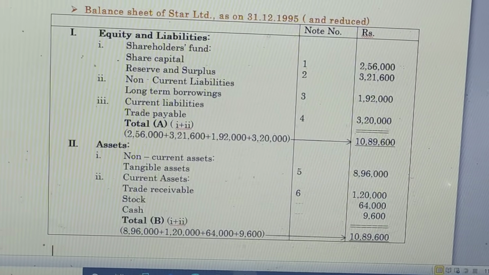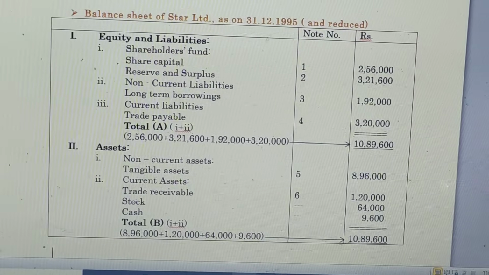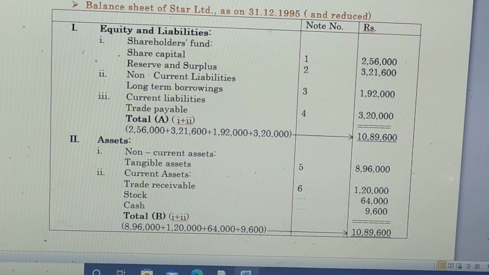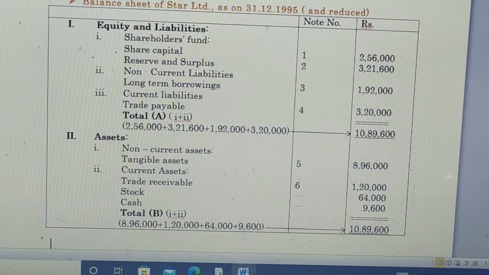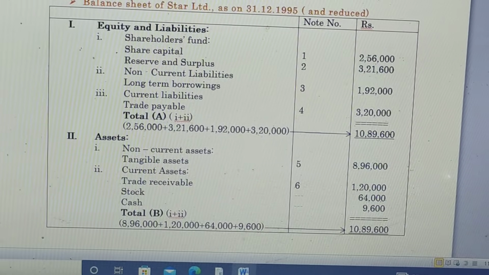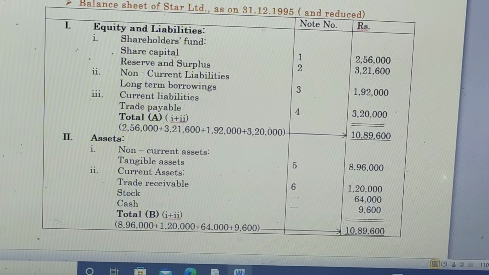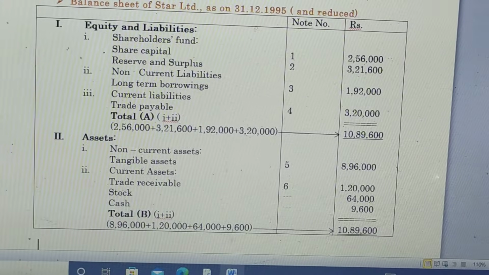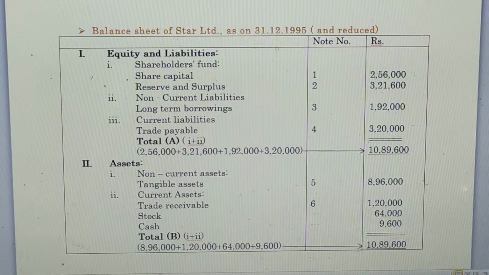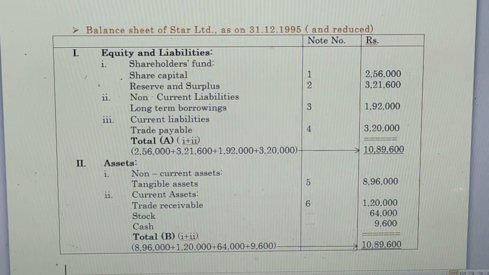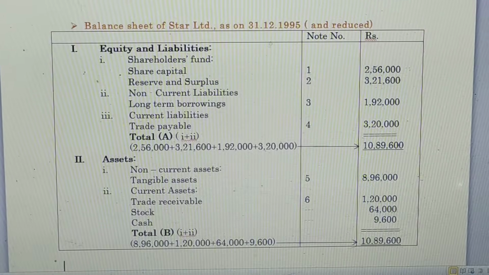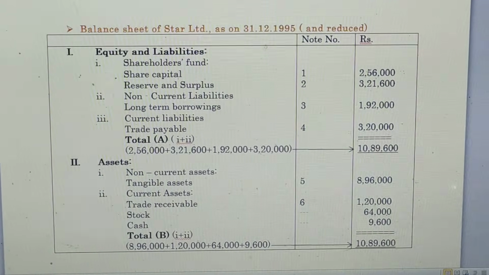Note number 2 total is 3,21,600, and we have to mention the non-current liabilities in the particulars column. So under the non-current liabilities, we have to mention long-term borrowings, that is note number 3 heading, and number 3 will be mentioned in the note number column. Note number 3 total is 1,92,000. And we have to mention the current liabilities in the particulars column. Under the current liabilities, we have to mention the trade payable, that is note number 4 heading, and number 4 will be mentioned in the note number column.